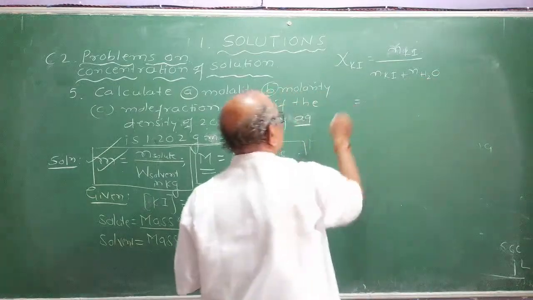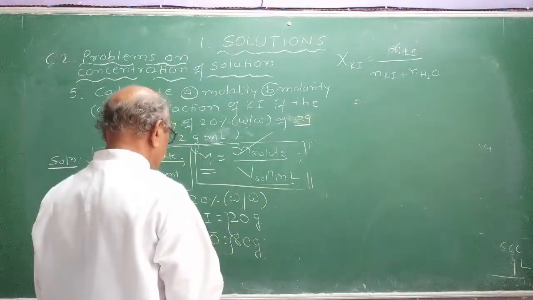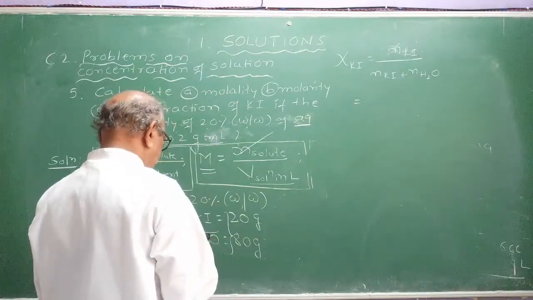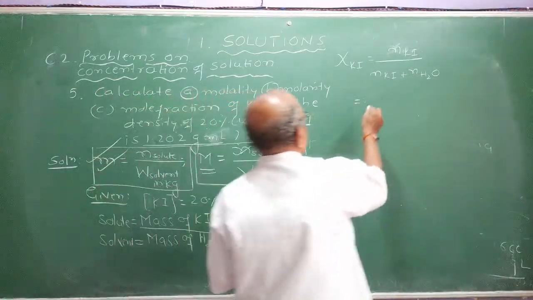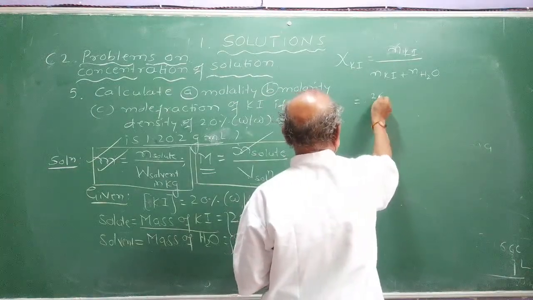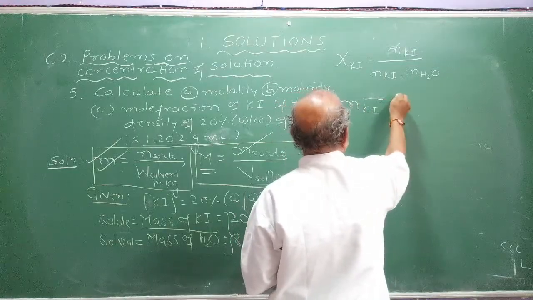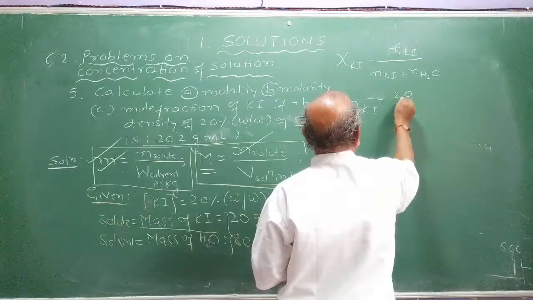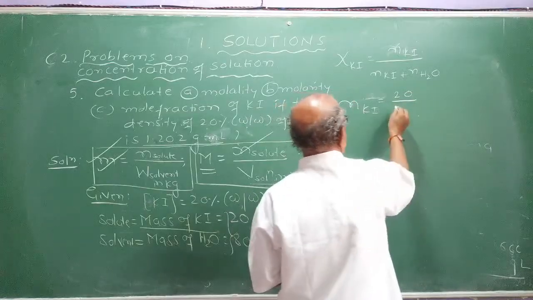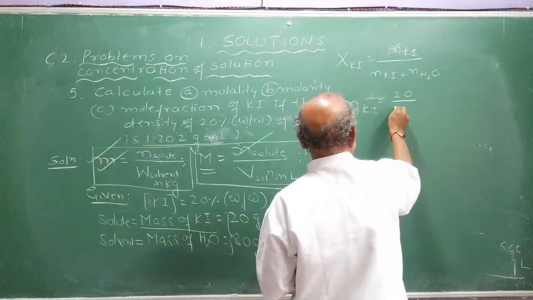What is the number of moles of potassium iodide? Just now we calculated, the mass of the potassium iodide is 20. The number of moles of potassium iodide is 20 divided by the molecular weight of the potassium iodide.